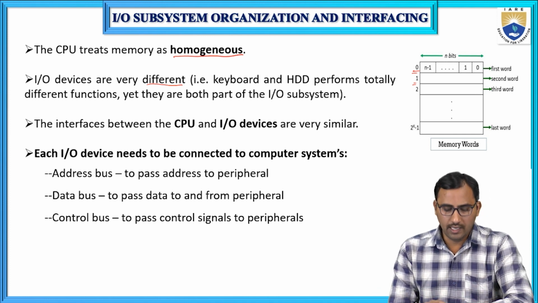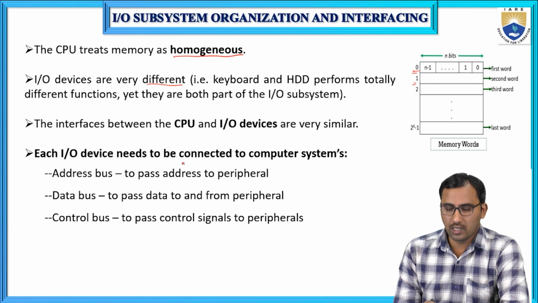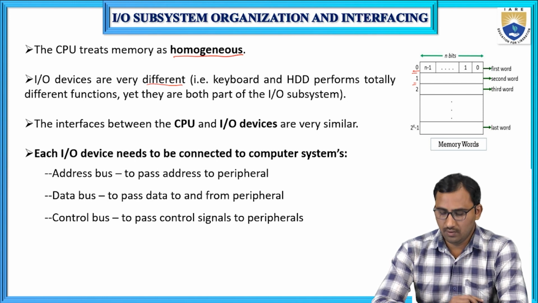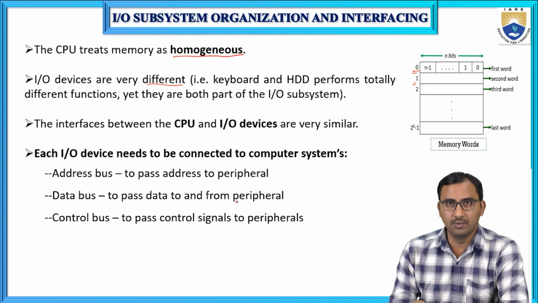Each I/O device needs to connect to the computer system, so we are interfacing many I/O devices with the CPU. Whenever we interface the I/O devices with the computer system, we need to connect to all the buses.